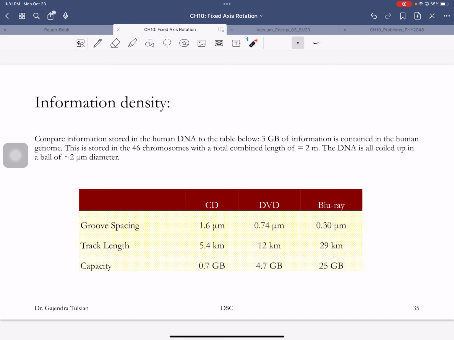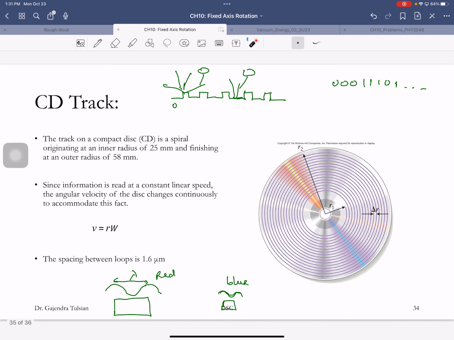Now here's another interesting technology. You guys understanding this? What you do is you're shining the laser right there, and the laser moves outwards as you're reading. But the laser is sitting at a fixed location, and it's just moving radially outwards. So as you're reading, this line has to move at constant rate.